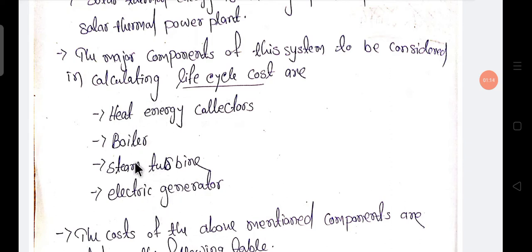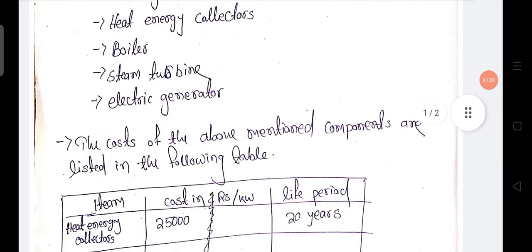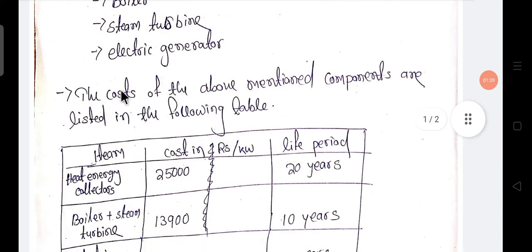These are the main components of this solar thermal power plant, and on the basis of these components we can calculate the life cycle cost. The cost of the above mentioned components is listed in the following table.